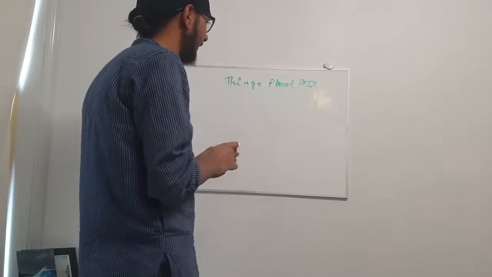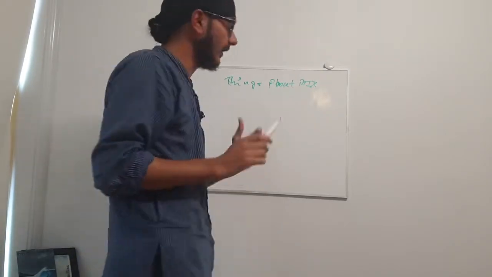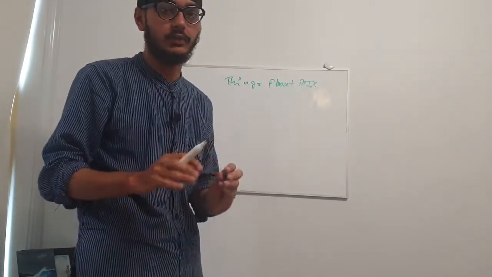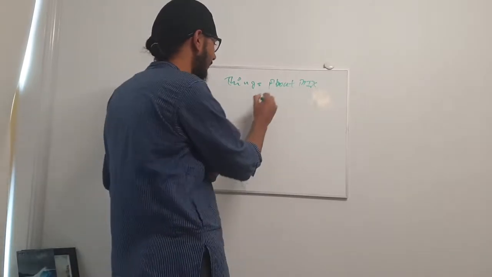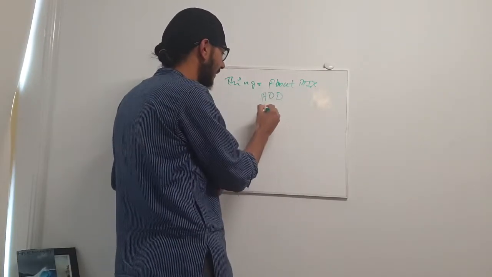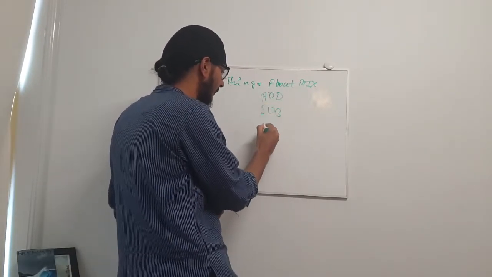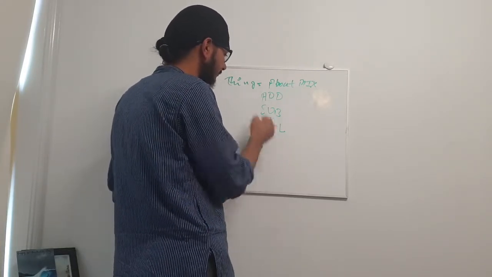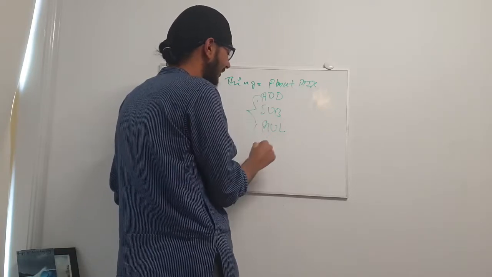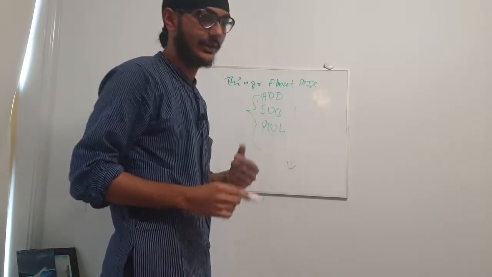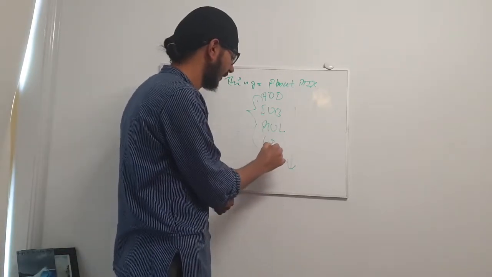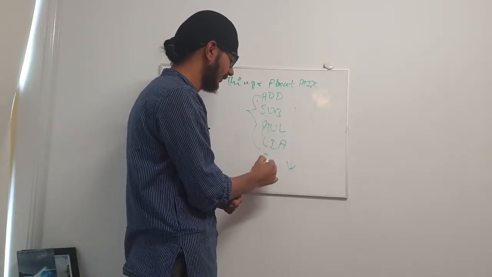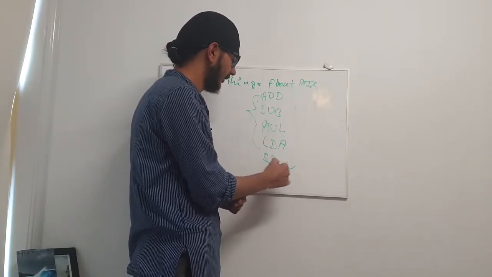So basically there are a lot of fundamental operations which we can do, like add, subtraction, multiplication, and others as well, like load data into a register, and save data into memory.